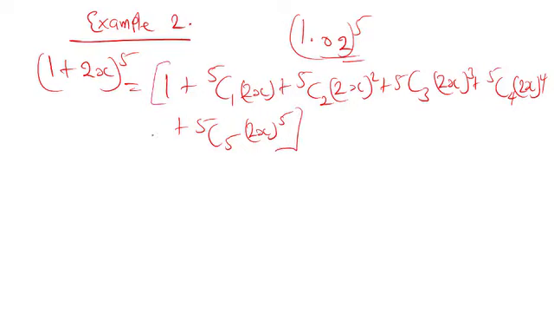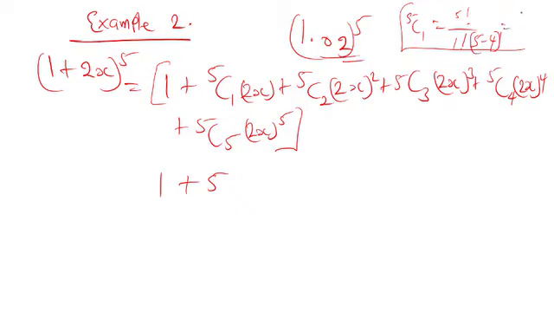So let's move further in expanding the bracket. So this is 1 plus 5 combination 1 is 5. We did it using combination. I told you that we have 5 combination 1. Now 5 factorial over 1 factorial times 5 minus 4 factorial.